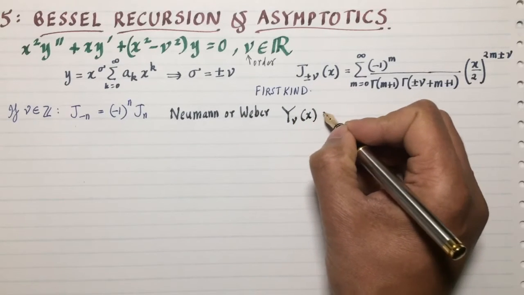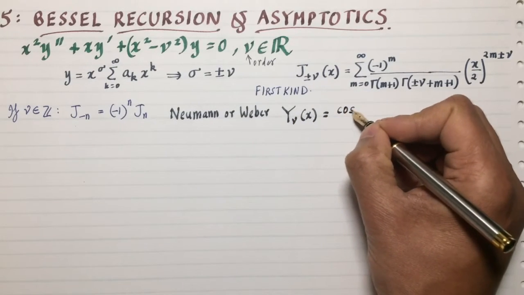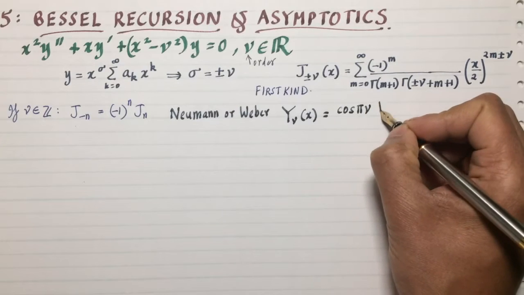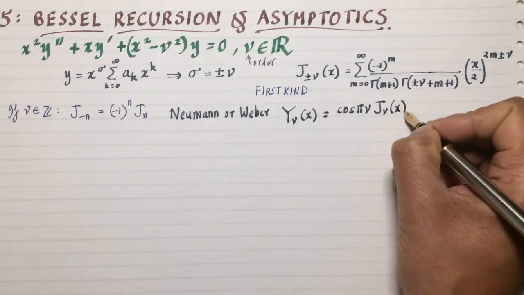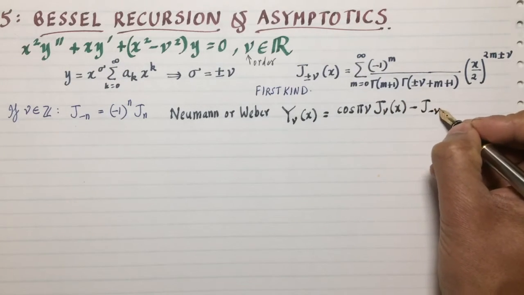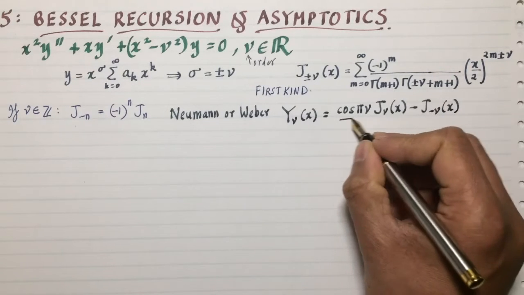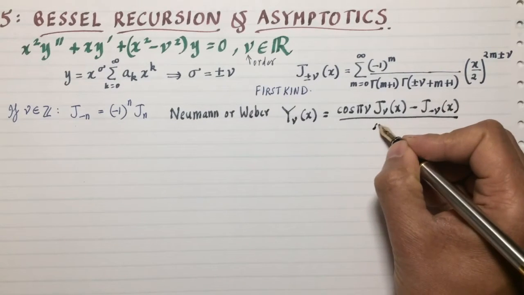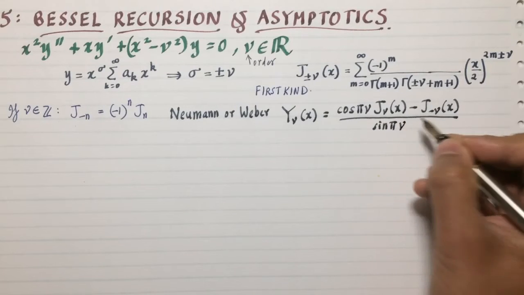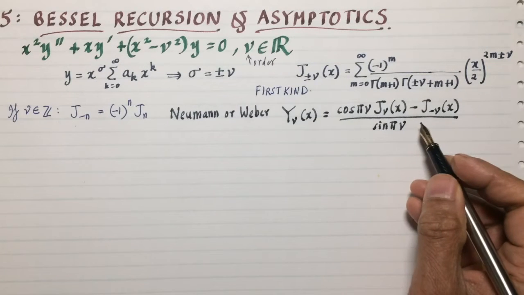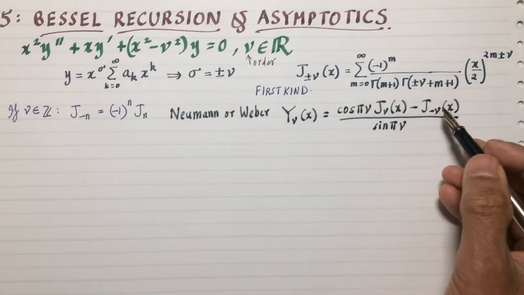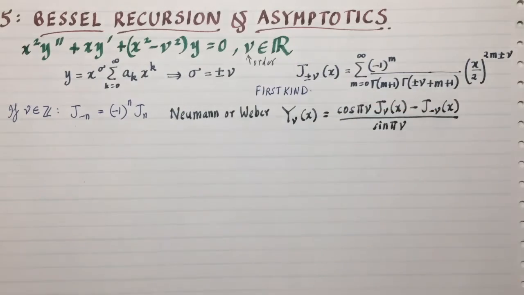So Y nu of x is going to be cosine pi nu J nu of x minus J minus nu of x, divided by sine pi nu. And you can show as nu approaches an integer, this actually is a completely new solution compared to the first one.